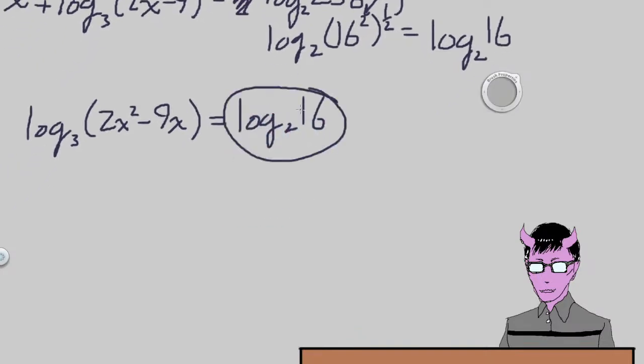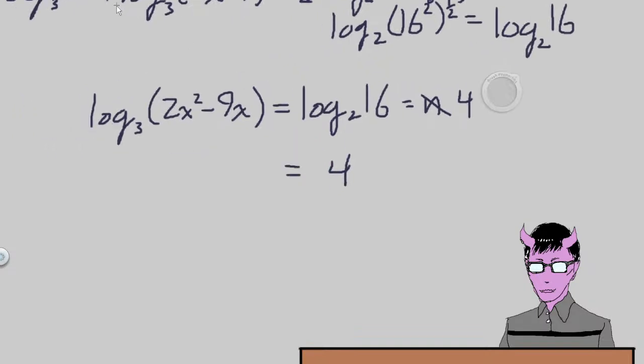Okay, so that's kind of clunky. So we ask ourselves, 2 to the power of what gives us 16? That number must be 4. 2 to the power of 4 gives us 16. So this whole thing becomes 4.